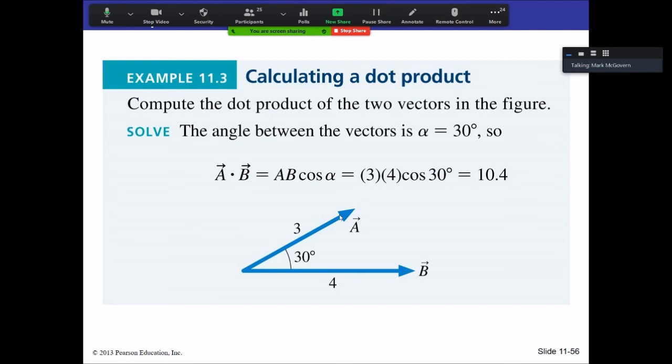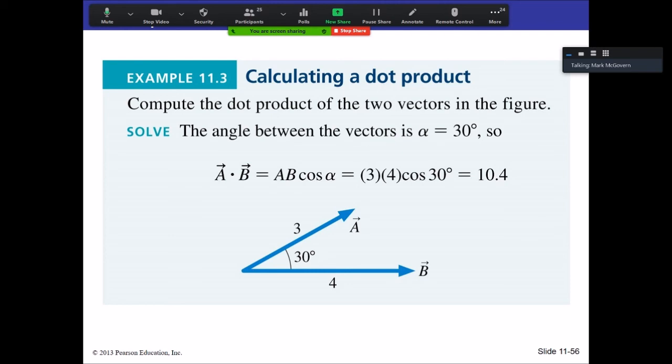Say we have vector A with magnitude of 3, and vector B with a magnitude of 4, and a 30-degree angle between them. The dot product would be the product of the two magnitudes, 3 times 4, times the cosine of the angle between them, which is 30 degrees. We get 10.4. If I put this in the context of work problems, imagine that 3 is our force, 3 newtons.